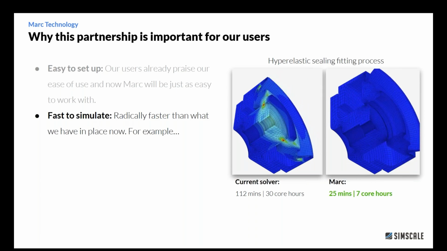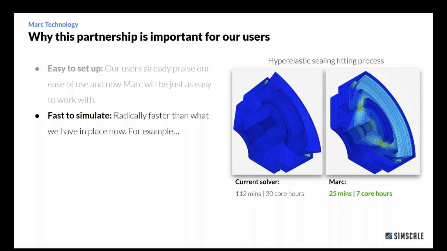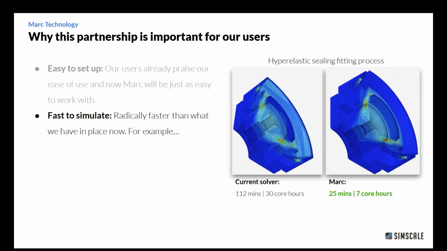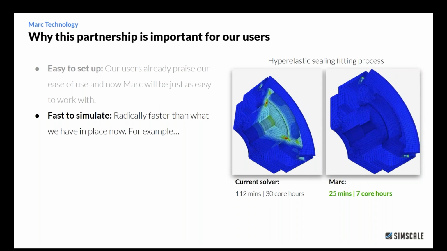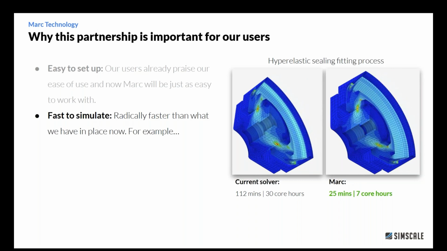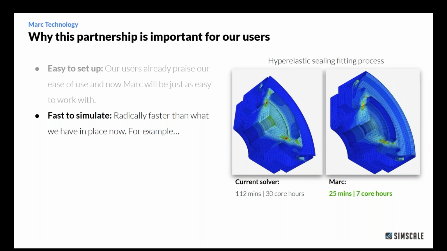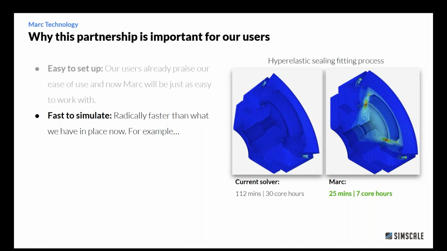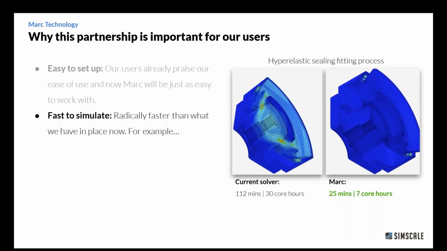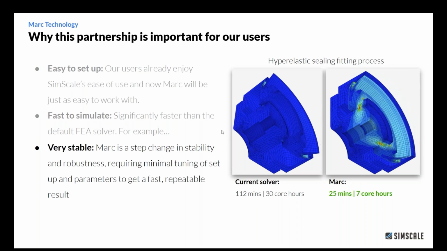A typical range that we've seen in all our tests is about 4 times as fast. Here in this case, with exactly the same mesh, exactly the same setup, material properties, and so on, the past solver based on Code_Aster that is still with the other structural analysis types, and now here the nonlinear mechanical analysis type powered by Marc. Right, so 25 minutes instead of close to 2 hours.